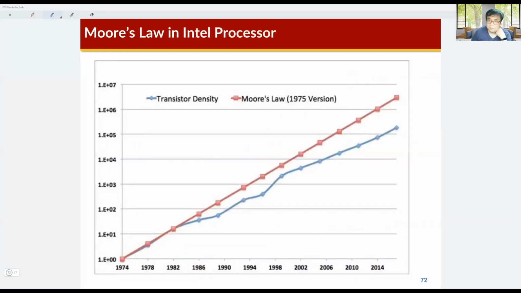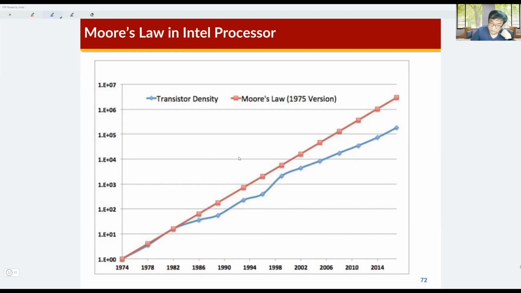Okay, let's see Moore's law in Intel processors. This red graph shows the trend of Moore's law, but this blue graph shows the actual number of transistors in Intel processors.